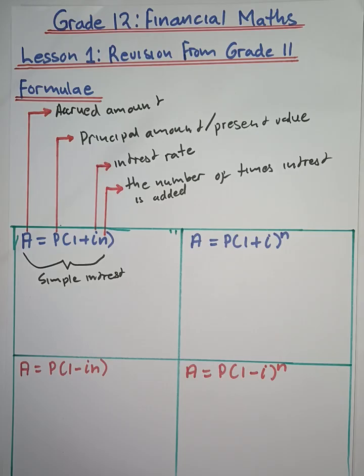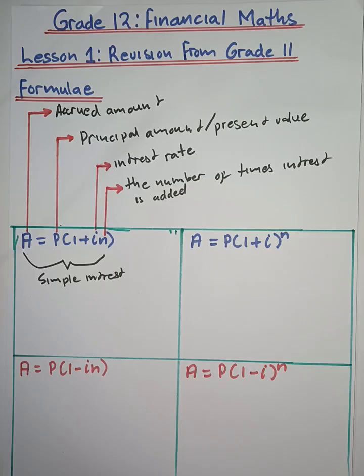Now suppose you invest 100 rand, and they say that they will give you an interest of 50% monthly. At the end of the first month, your amount will grow by 50% of that 100 rand, right? So at the end you would have 150.